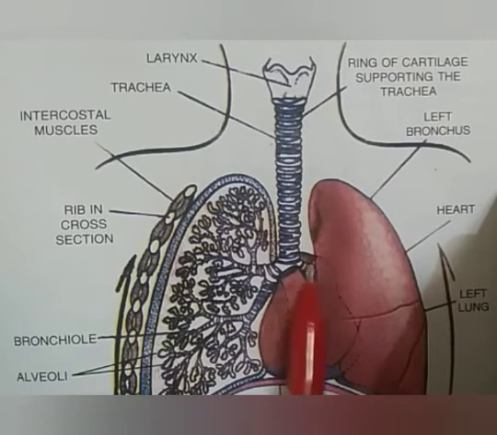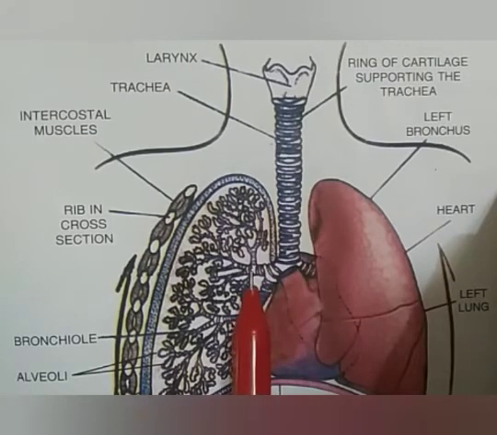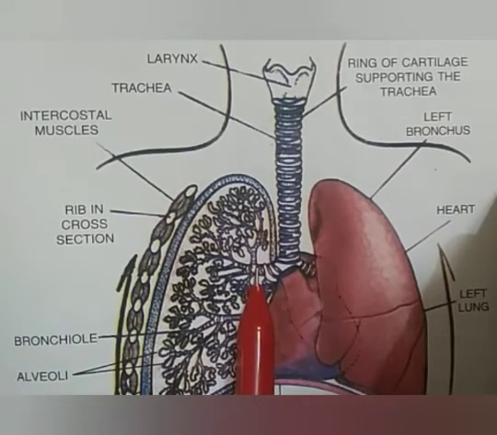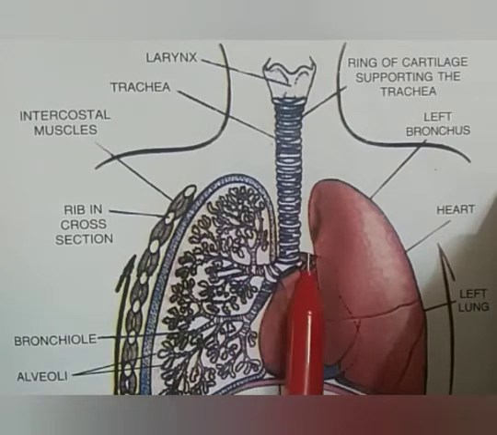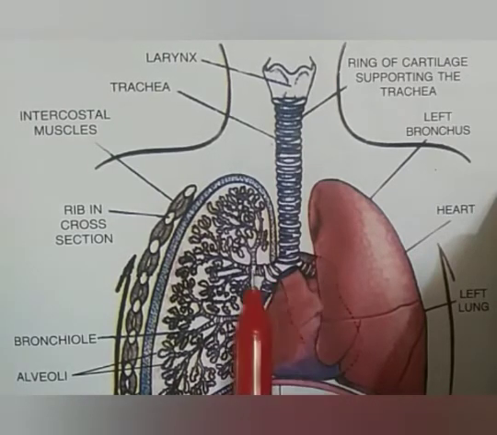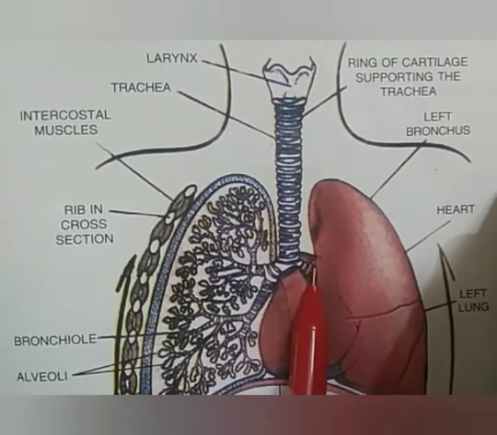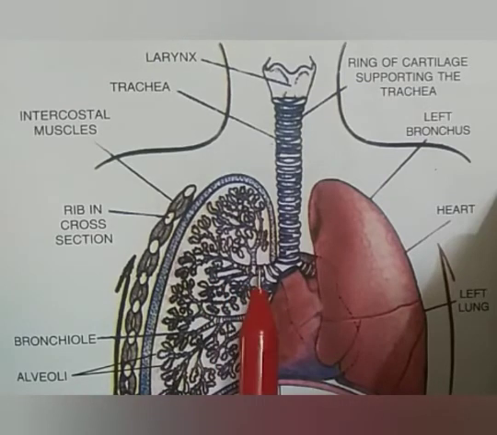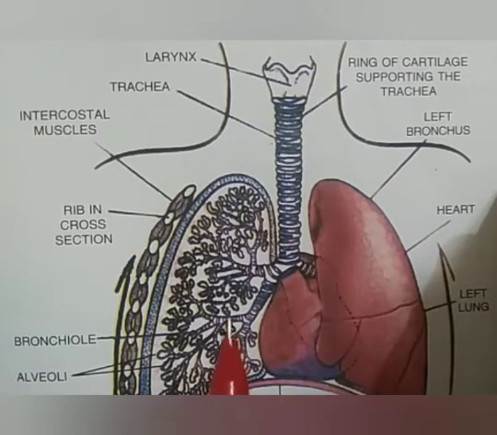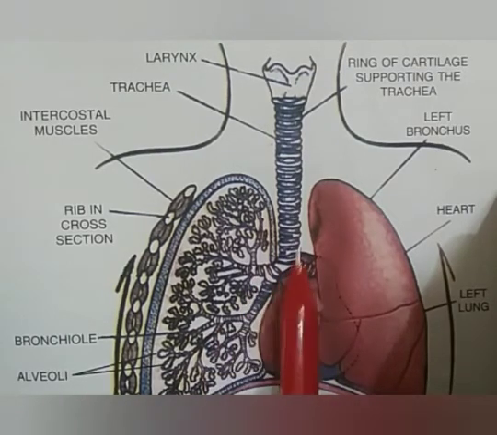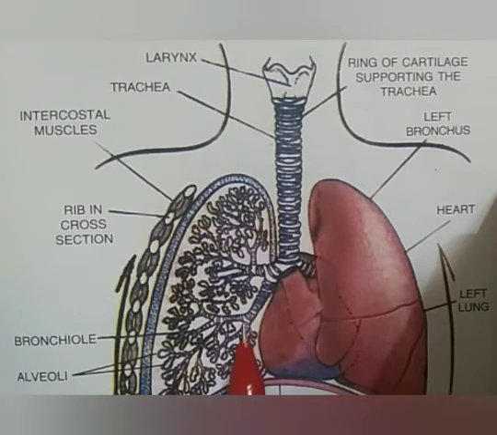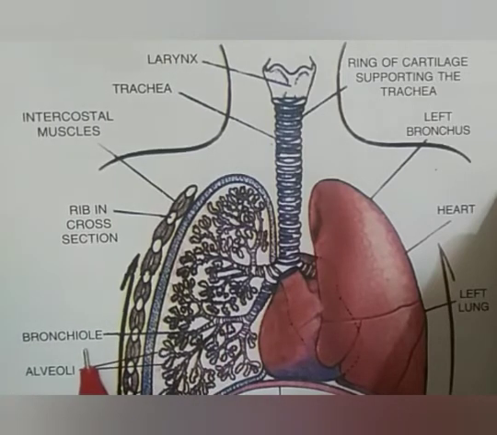This division is known as the bronchi, singular bronchus and plural bronchi. Again, you can see the bronchi divide into a number of branches, and these further divisions are known as bronchioles.